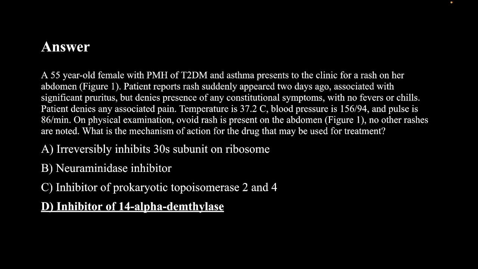So that's the correct answer because the treatment for these superficial fungal infections, tinea corporis, is going to be topical antifungals. And it's also important to remember that for most tinea, especially if you don't see signs of extensive disease, you're able to treat these infections with just topical antifungals.